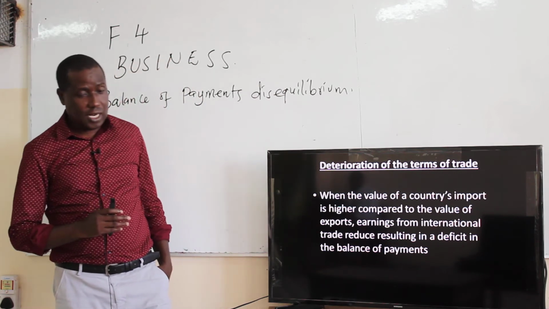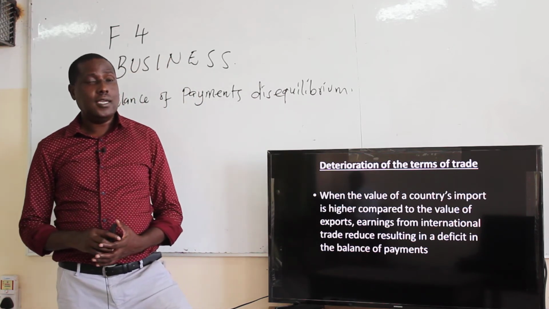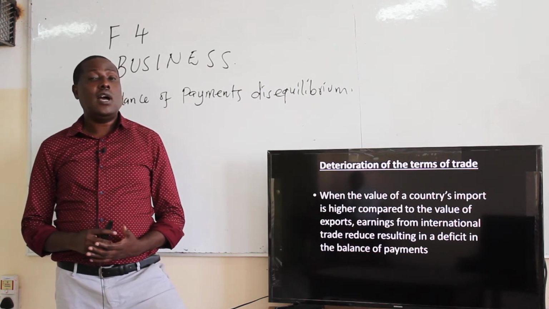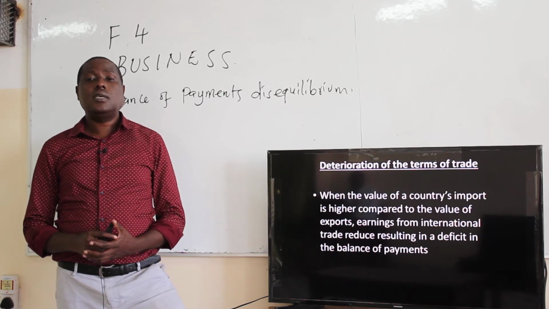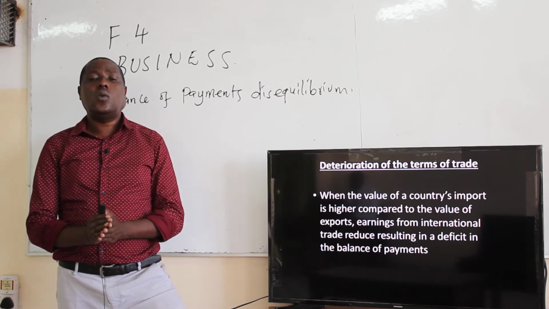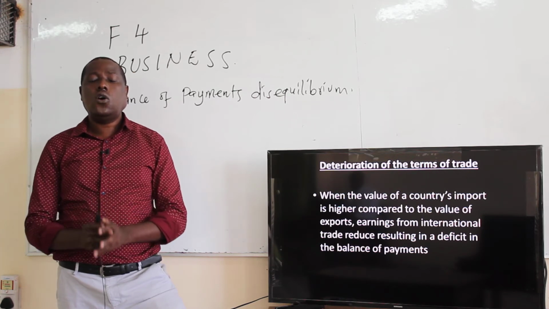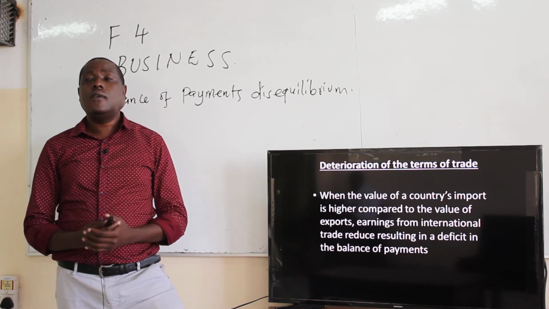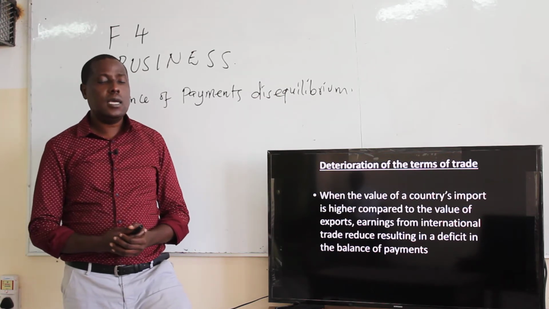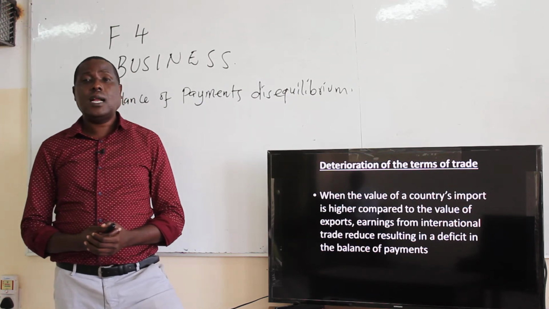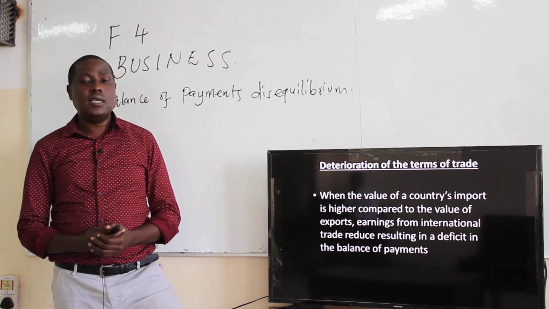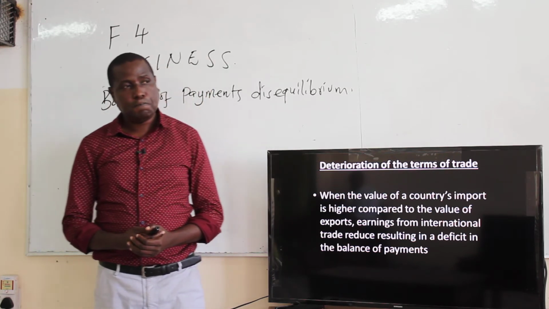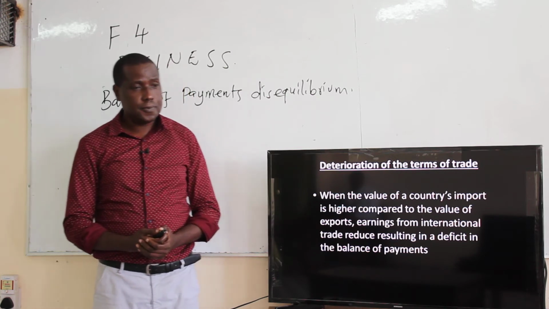Now, in our previous lesson, we said there are cases whereby, depending on the nature of the product the country is producing, if you have agricultural commodities, their value in the international market is lower than final or manufactured goods. So, a country that is only exporting agricultural commodities and importing manufactured commodities will obviously have a deficit in the balance of payments. I'll give you an example.